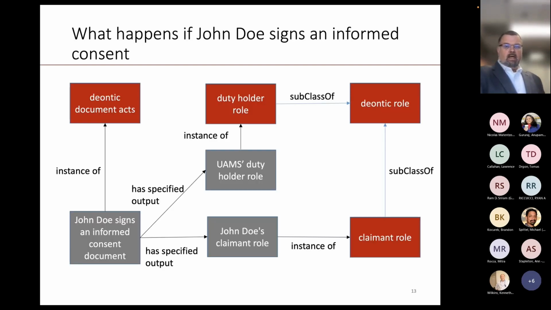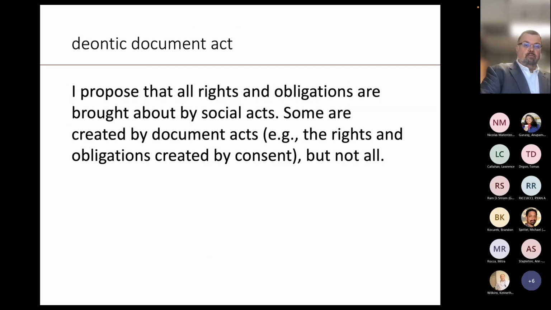Okay, I'm bringing this slide back up to remind everyone we're now talking about deontic declarations, and we have ascertained that John Doe signing an informed consent form is actually a deontic document act.